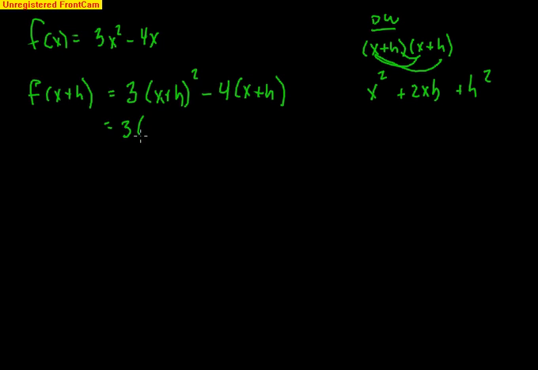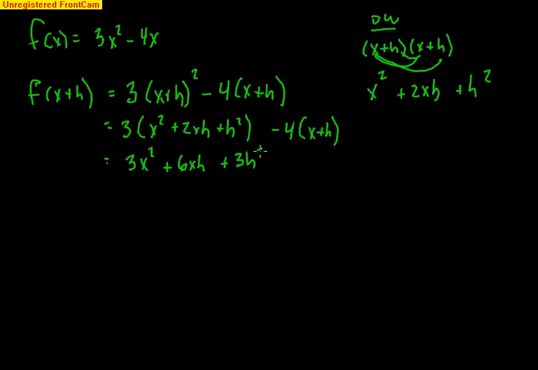So I got 3 times x squared plus 2xh plus h squared, minus 4 times x plus h. Now I can do my distribution: 3x squared plus 6xh plus 3h squared minus 4x minus 4h after distribution. All right, so I'm good to go on that.